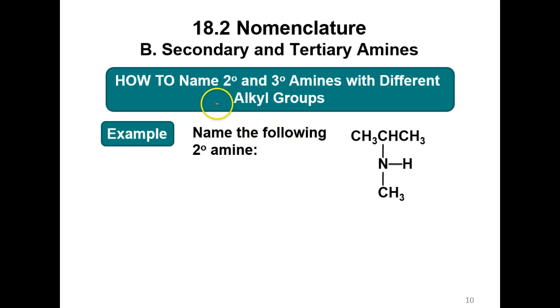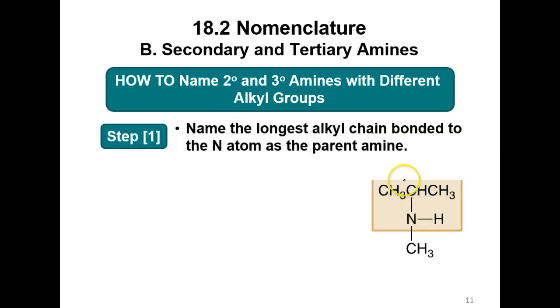Okay. How to name secondary and tertiary amines where the alkyl groups are different. We have different groups. So in this case, our longest chain has 3 carbons and the nitrogen is attached to the second carbon. So this is our parent compound. It's the longest chain of carbons and the nitrogen is attached to the second carbon. So we have to tell the reader that there's a methyl group on the amine, and then we also have to tell them that it's a 2-propylamine.